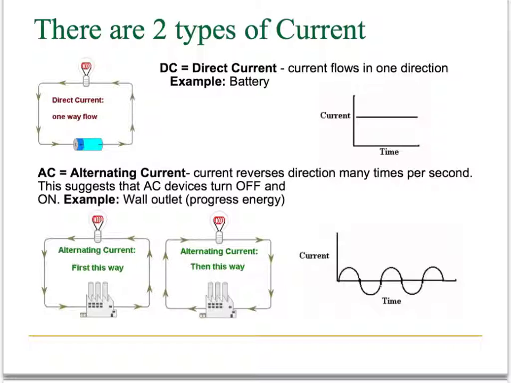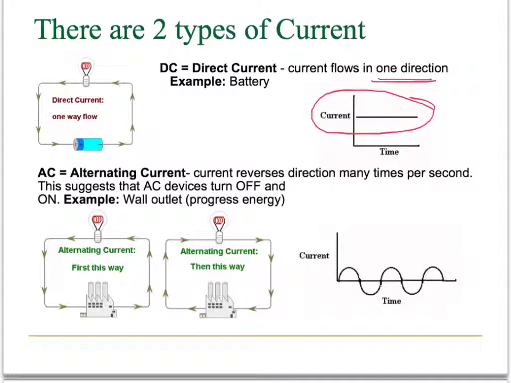Electricity could be classified into two types. First, we have DC, or direct current. This is the type of electricity that is generated if you use a battery. Another thing that you have to remember about DC is that the electricity flows in one direction, and it is constant for a given period of time.